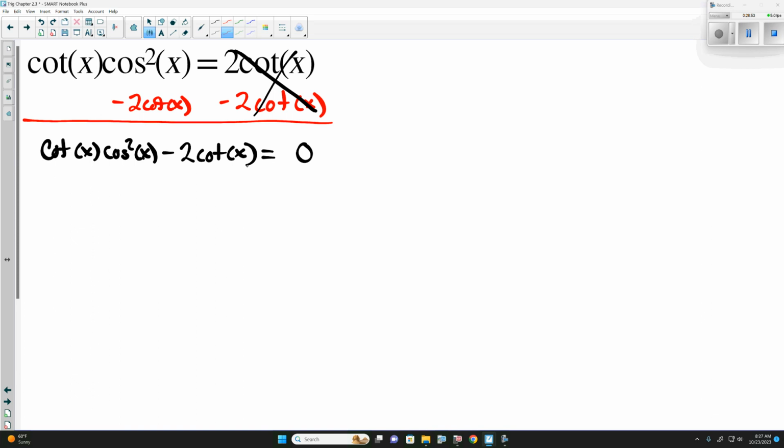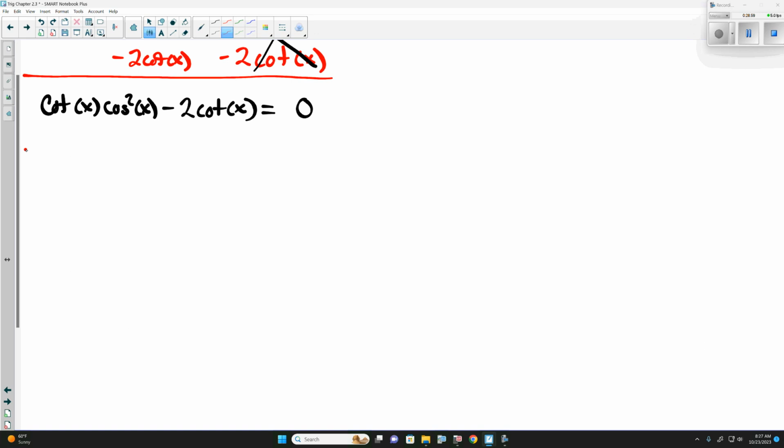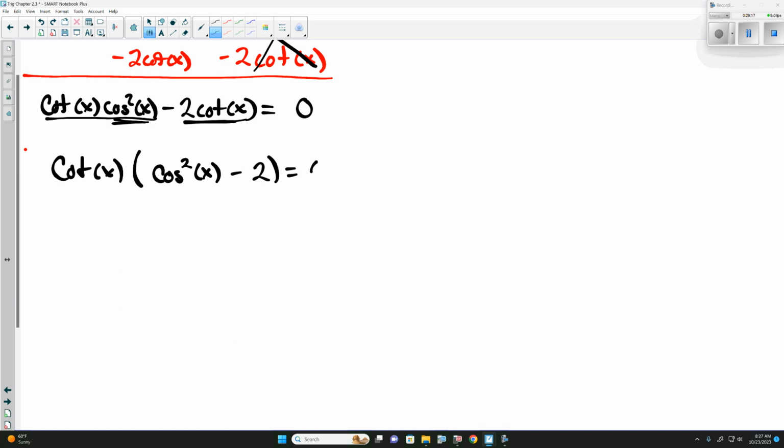Is there something in common with both terms? Cotangent. So we can factor cotangent out. If we factor cotangent out, we'd have cotangent of x, parentheses. If I factor it out of this first term, we're just left with cosine squared of x, minus. Factored out of 2 cotangent of x, we're left with 2.